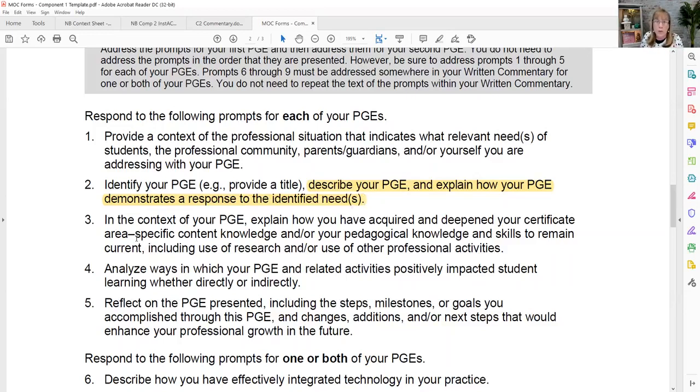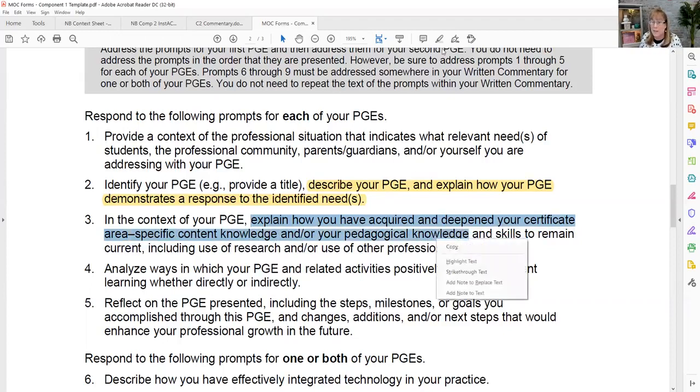So number 3, in thinking about what I've put in yellow, is part of this description. You don't really have to answer these questions 1, 2, 3, 4, 5 separately. Part of the description of your PGE is going to be explaining how you've acquired and deepened your certificate area specific content knowledge and or your pedagogical knowledge.